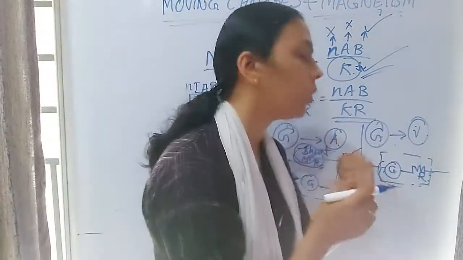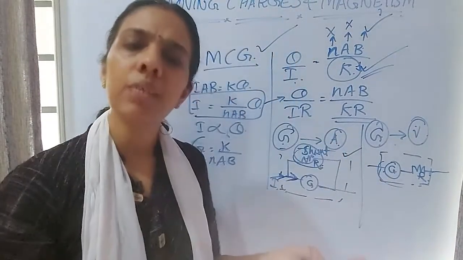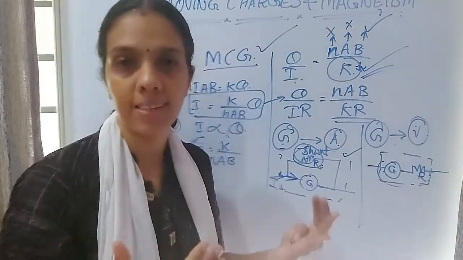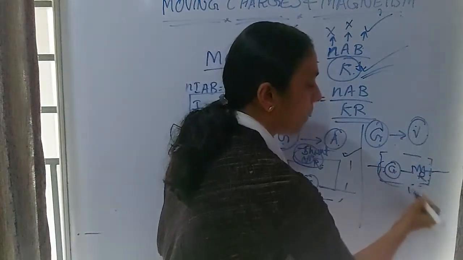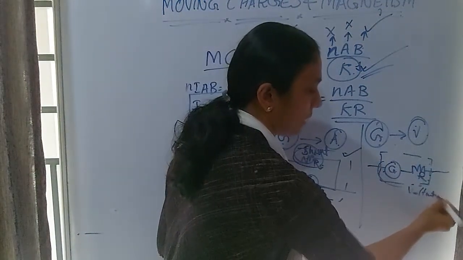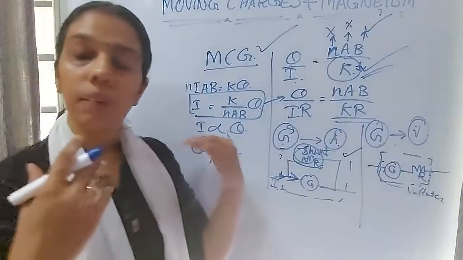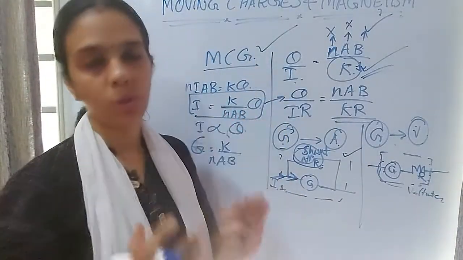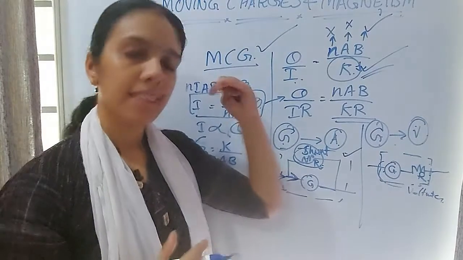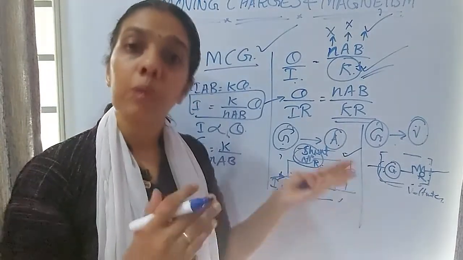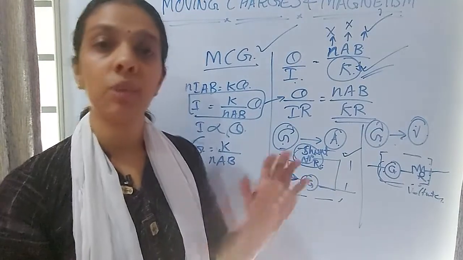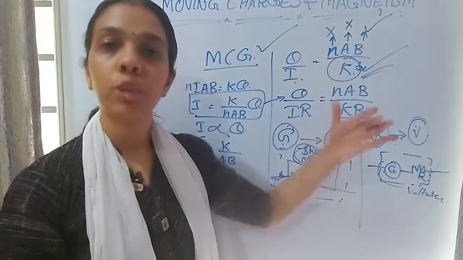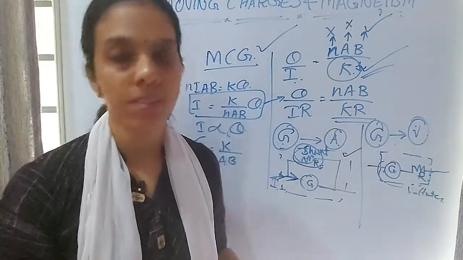In the case of the voltmeter, since we are using a high resistance value, these two together help to find the voltmeter reading, so it is equivalent to a voltmeter. Since the resistance is high, most of the voltage drops across that resistance, which helps the galvanometer measure the voltage across the circuit.